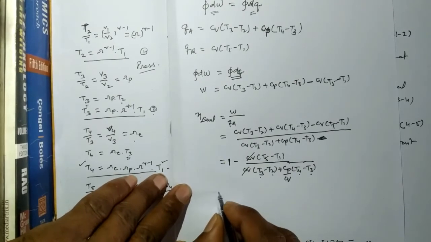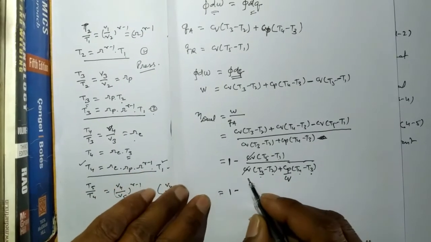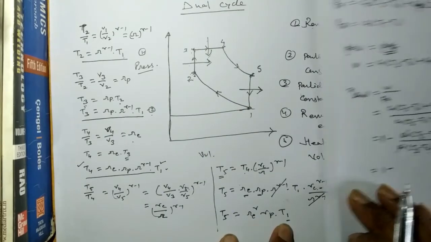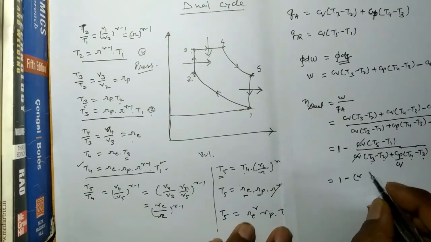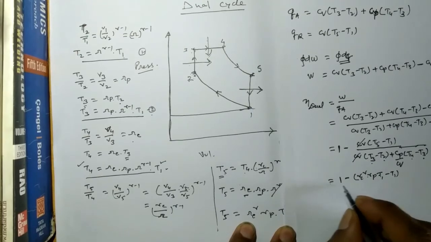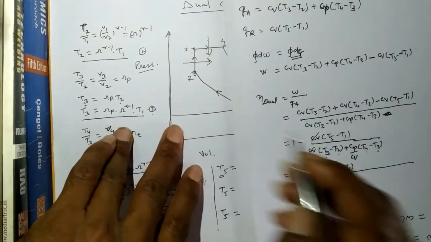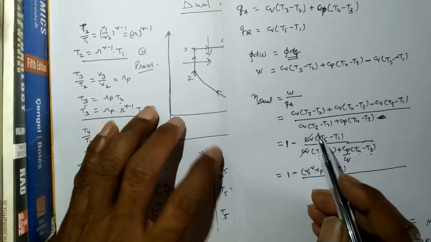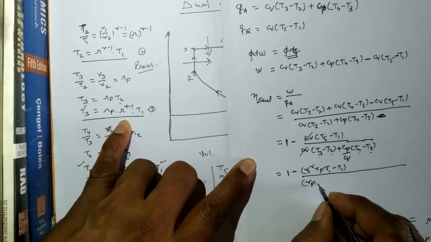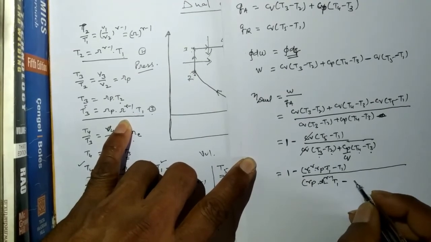That will equal 1 minus the value of T5, which equals Rc power gamma Rp into T1, so Rc power gamma Rp T1 minus T1, divided by T3 minus T2. The value of T3 is Rp r power gamma minus 1 T1, minus the value of T2.